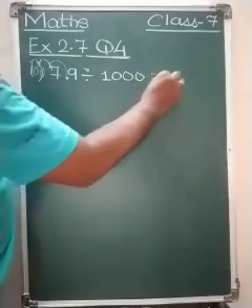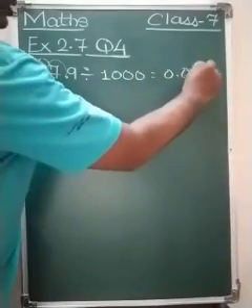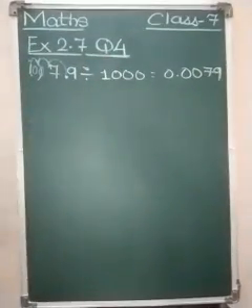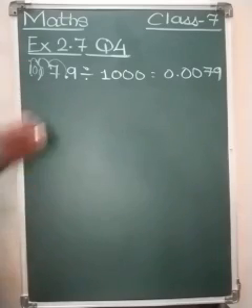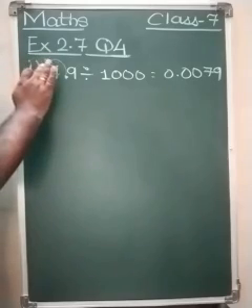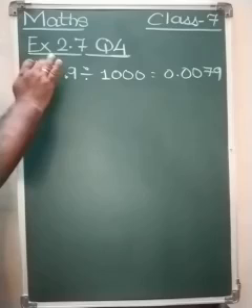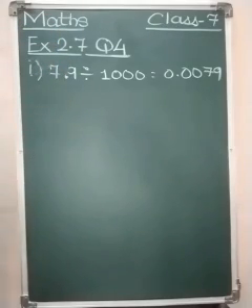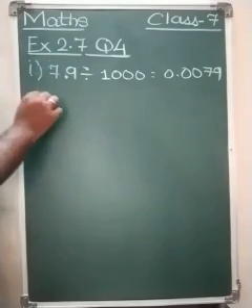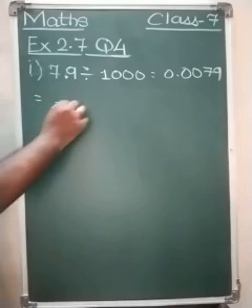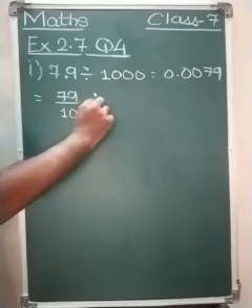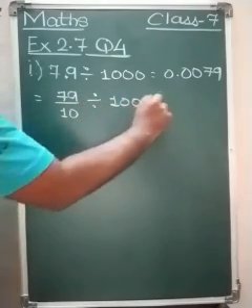So the answer should be 0.0079. This should be our answer, 0.0079. Let us find out. This was just for orally calculating. Now 7.9 divided by 1000. So this equals 79 upon 10 divided by 1000.